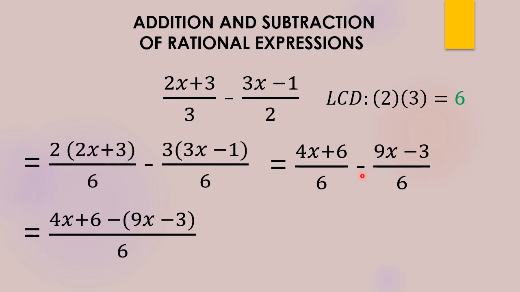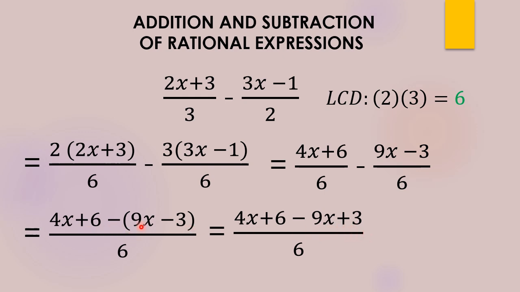It is preceded by minus symbol. So the sign of 9x and minus 3 will change. It will change because of the preceded sign of minus symbol. So 9x will become negative, and negative 3 becomes positive.